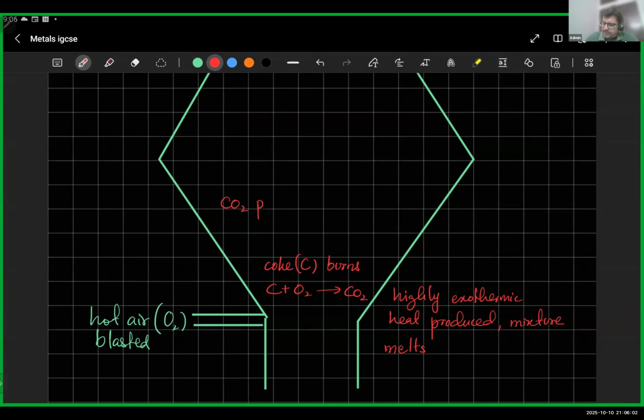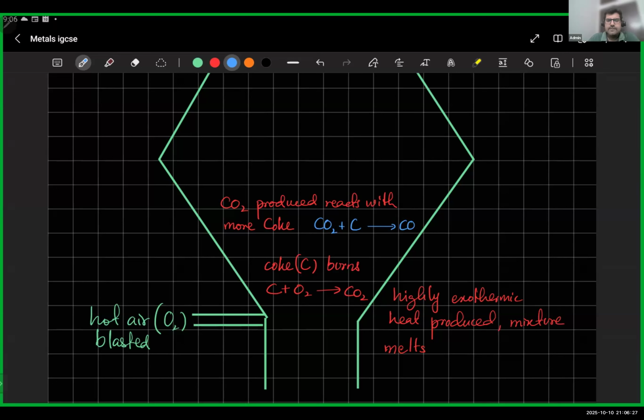the CO2 produced reacts further with coke. So what happens here? The CO2 that is produced reacts further with coke and it ends up producing carbon monoxide.